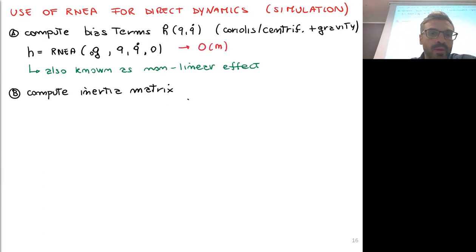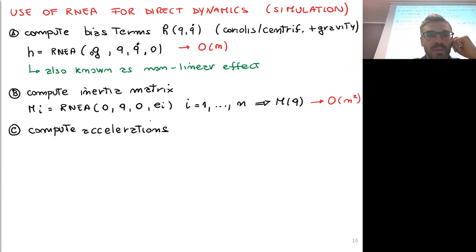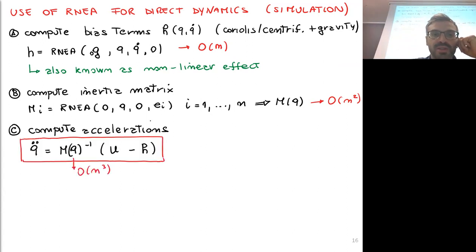And then we need the inertia matrix. And for this, we need to call n times the recursive Newton-Euler, one for each column. So we have quadratic complexity. And then we can, as a last step, compute the acceleration by inverting the formula of the dynamic model we have, isolating the accelerations. And you can always isolate acceleration because the inertia matrix is a positive definite matrix. So an inverse always exists.